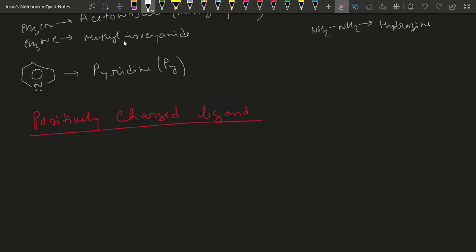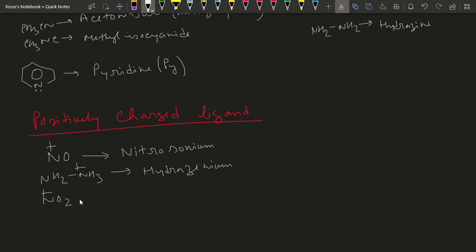There are some positively charged ligands as well, like NO+, the nitrosonium ligand, hydrazinium, and nitronium.